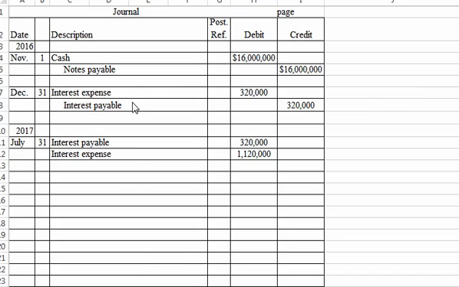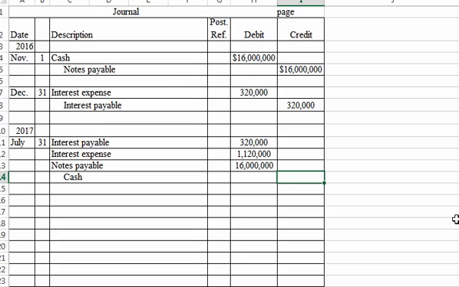Now, if they've settled the debt, the note payable also needs to come off the books. So we'll debit notes payable for the $16 million. I said we'd have at least one account on both sides. That wasn't true. We're going to debit 3 accounts in this entry, but the account to credit is cash. And it's the only account to credit.